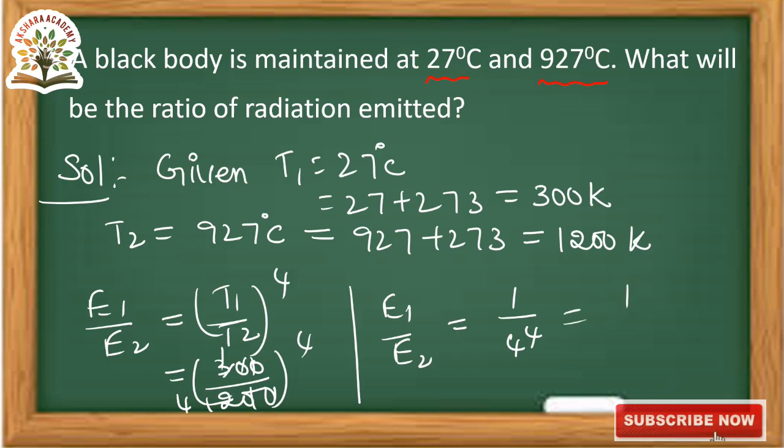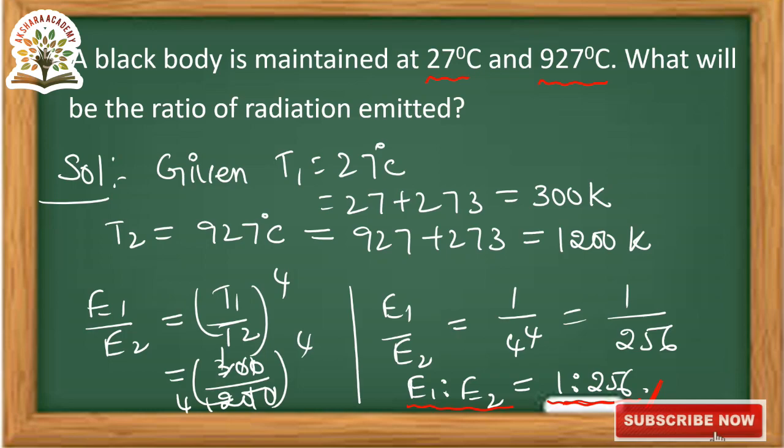We are getting 4 to the power of 4, nothing but 256. So the ratio of radiation emitted, E1 is to E2 is equal to 1 is to 256. This is the final answer.